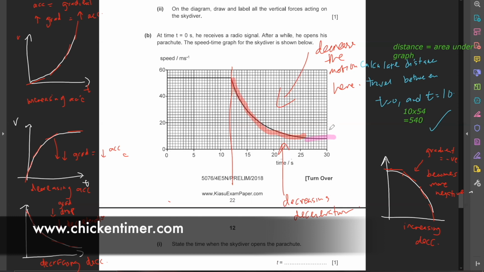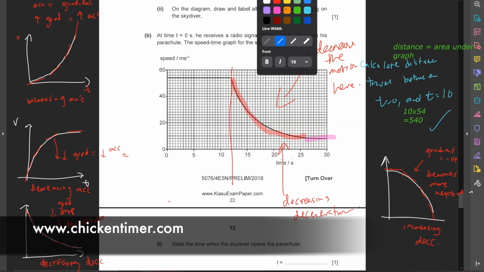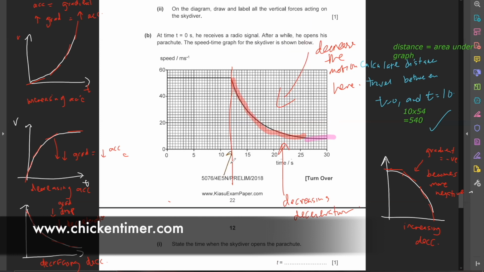So you will have to say from 12 seconds to this part, this is 26, 27, and so on, it is decreasing deceleration.